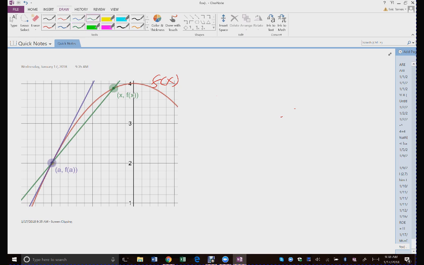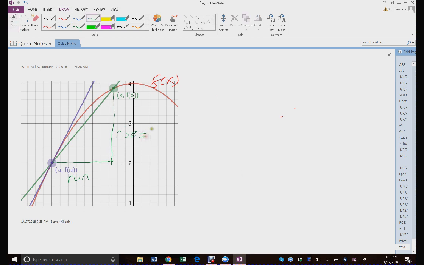So basically what we have is this little rectangle that you should be very, very familiar with, our rise and our run. And rise is the change in y, which is always y2 minus y1.